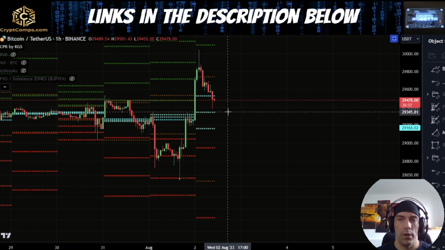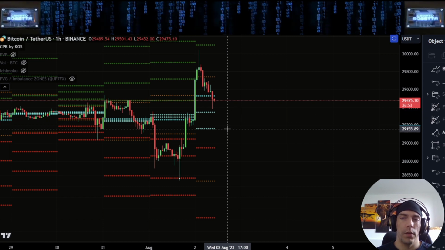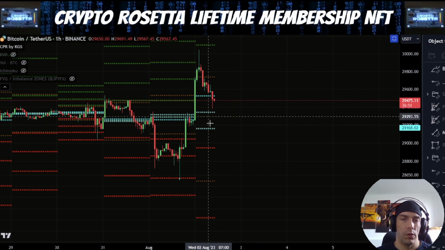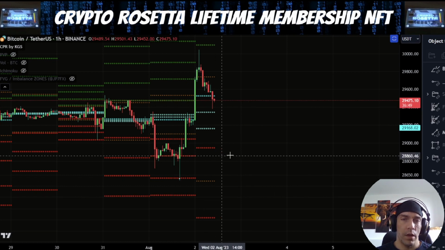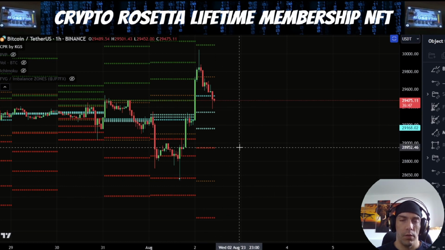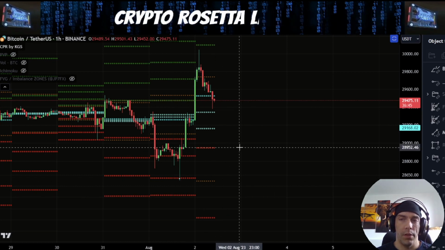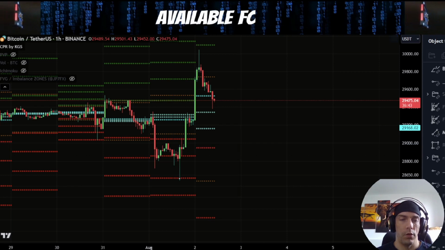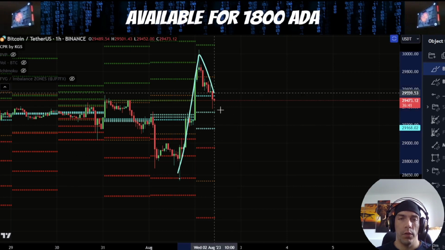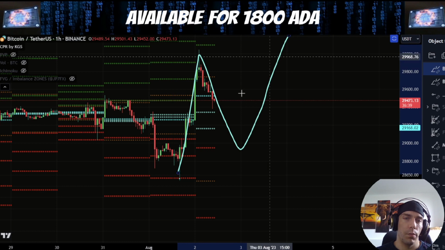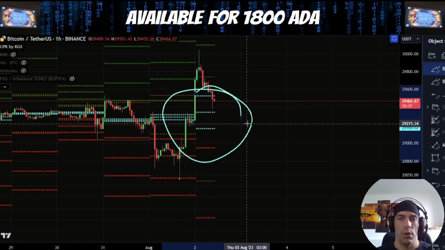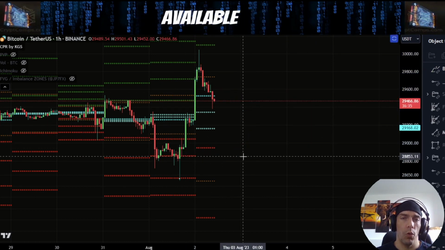We have support lower down here, potentially at this 29,345 and this 29,155 as potential support zones for today. As well as that, if we do look to move back down here into the S1 line, that would be this 28,952. So that would align with the idea of this starting to move to the upside in a bigger way, looking to find support in this area before either looking for a C wave or a third wave to the upside.